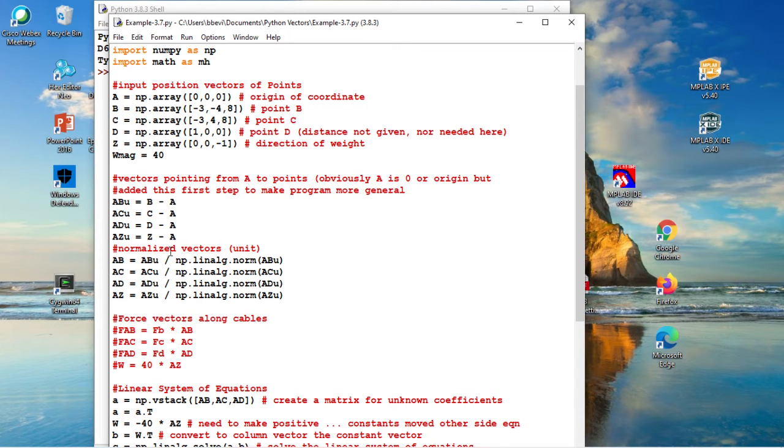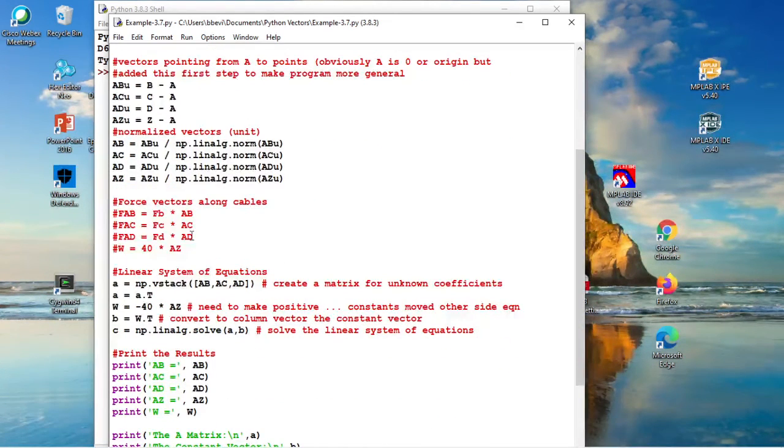Okay, and so here I'm normalizing the vectors, and the way I do that is I take this vector and divide by its length, and that will normalize it to a unit vector. I'm doing each one of these here. Just summarizing what we have: we know these unit vectors along the directions of the cables.